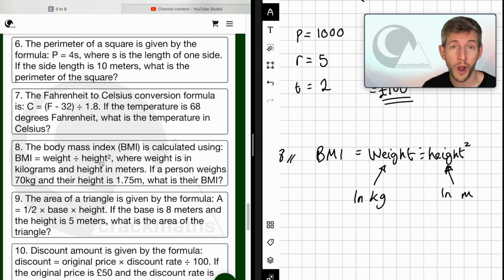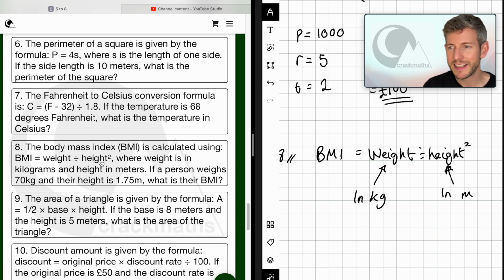There's a whole host of ways of measuring heights, and of measuring weights. So it's important that when using a formula, you're using the key ingredients that the formula is built upon. So if this formula has been built upon weight in kilograms and height in meters, it's important that we use it.